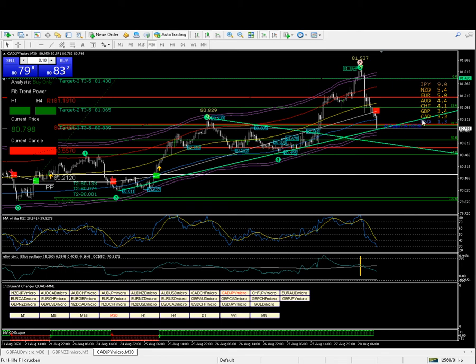That means Canadian dollar is below, Japanese yen is very strong, and you see in the last past hours that Canadian dollar must fall down. So it is very good to see this pair at this moment.